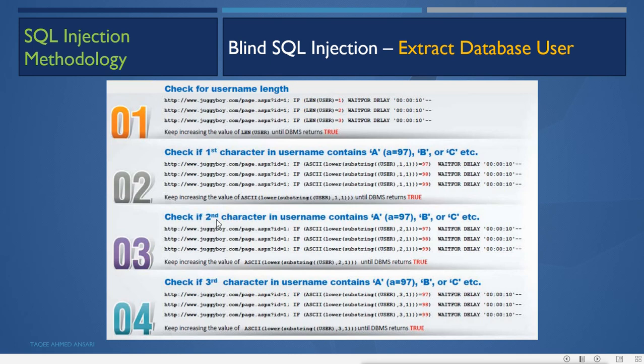Then check if the second character in the username contains A, B or C. For that it will use the same query for the second character here, and compare that it is equal to 97, 98 or 99, and it can go on for A, B, C, D, E, F, G. Then the same for the third character. Now it will take time, but the attacker can guess the username here.